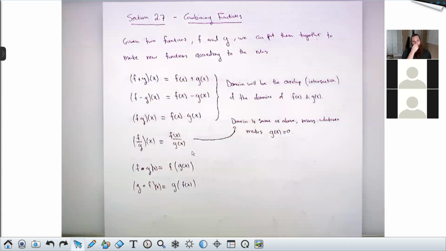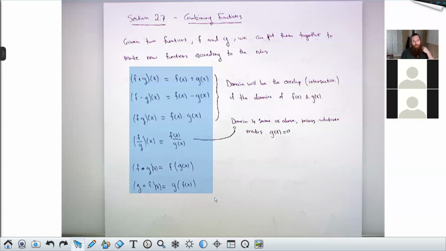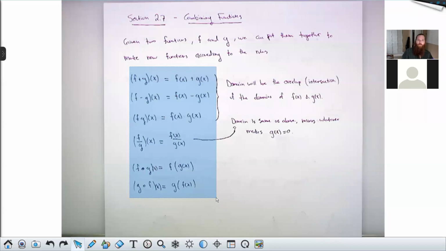Of course, because you can't have the denominator equal to 0. These guys, there's no nice rule for the domain. But these are the rules that allow us to combine two old functions and make a new function. You can do all the normal algebra, add, subtract, multiply, and divide. But then you've got these two new rules.